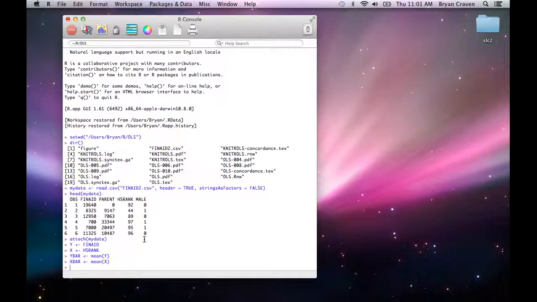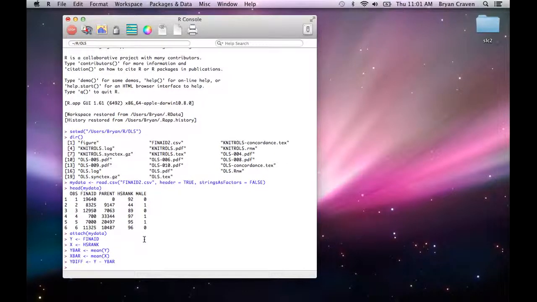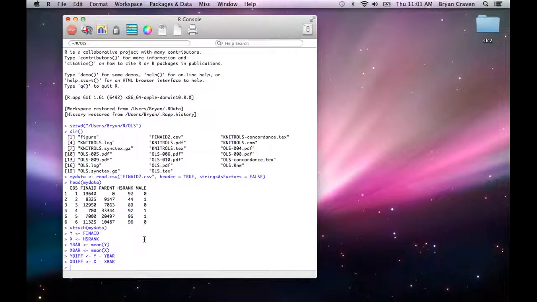Next we need to create vectors for the quantity y minus y bar and the quantity x minus x bar. We're going to call those ydiff and xdiff respectively. So ydiff is equal to y minus y bar, and xdiff is equal to x minus x bar. To get an idea for what we're creating here, let's combine the vectors into a table using the column bind, or cbind, command, and then use the head command to view it.